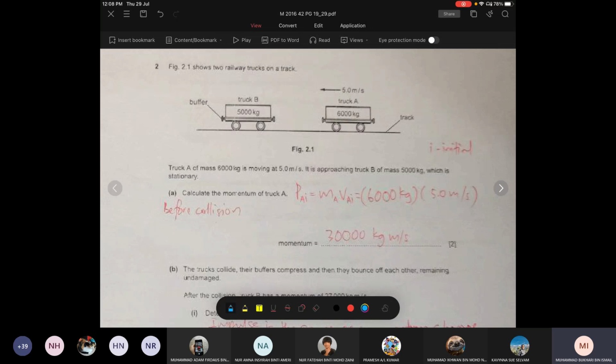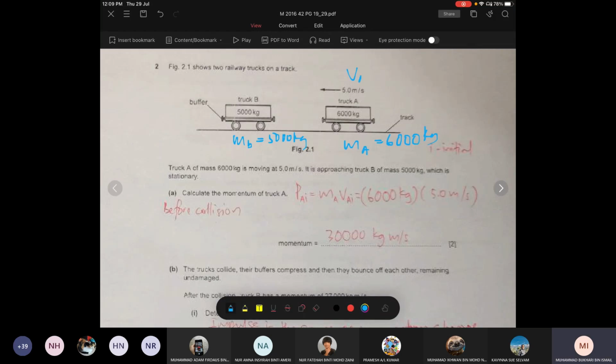So this is mass, let's say this is MB equal to 5,000 kg. Mass A is 6,000 kilogram. And this is 5.0 meter per second, the initial velocity.